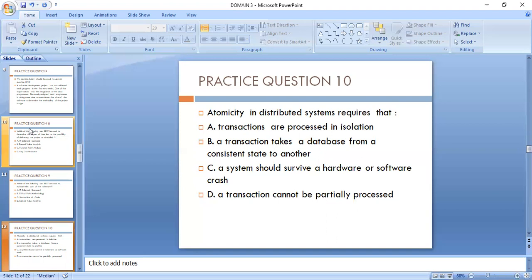Since you were not paid, the debit must be reversed out of your account virtually immediately. Okay, and in certain circumstances within 24 hours. Okay, so I've explained that. So you know definitely that the answer is D. Atomicity means that the transaction cannot be partially processed. That is D.